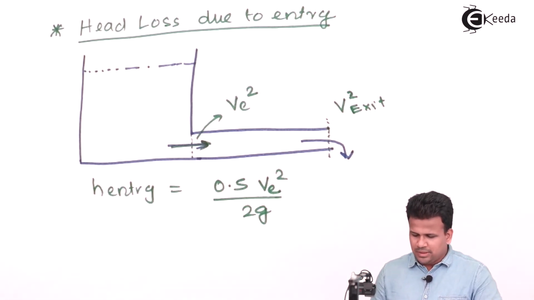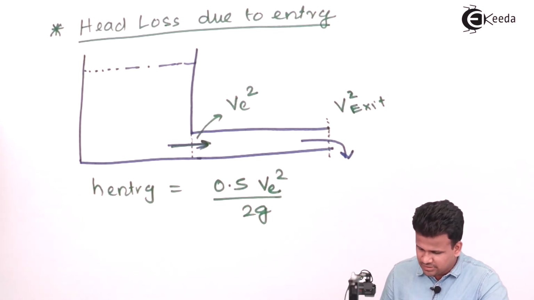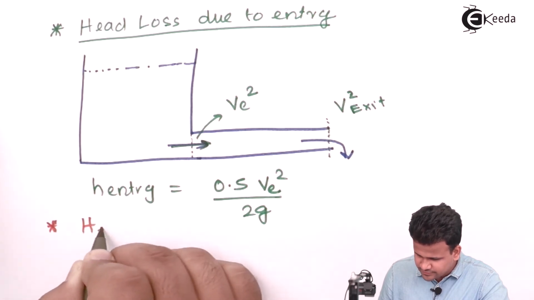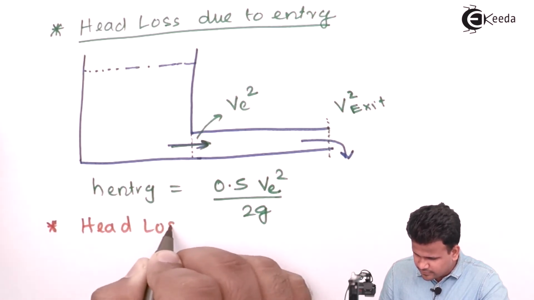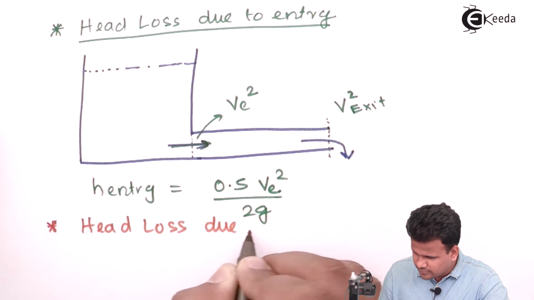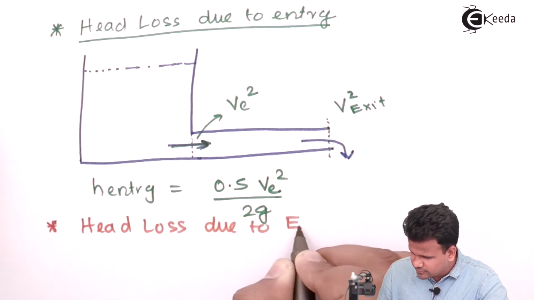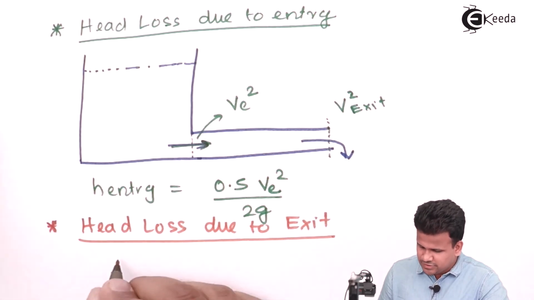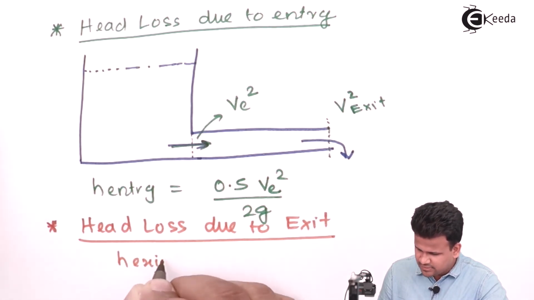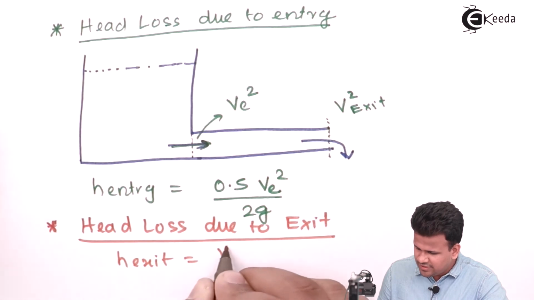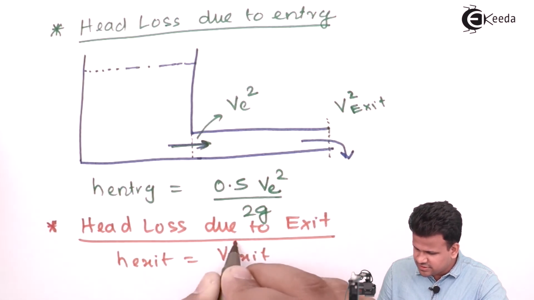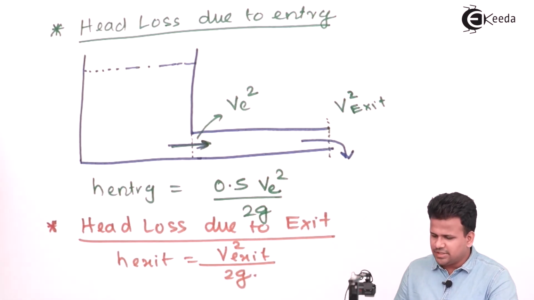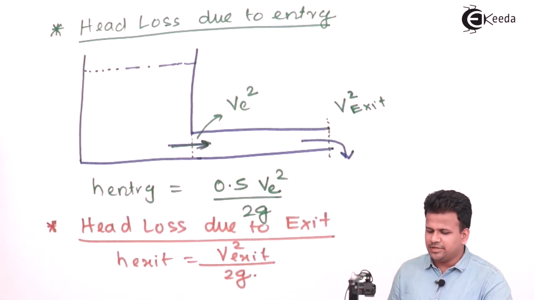Now we have the next loss, that is head loss due to exit. H exit is equal to V exit square by 2g. So this is the exit velocity, and this will be the entry velocity.